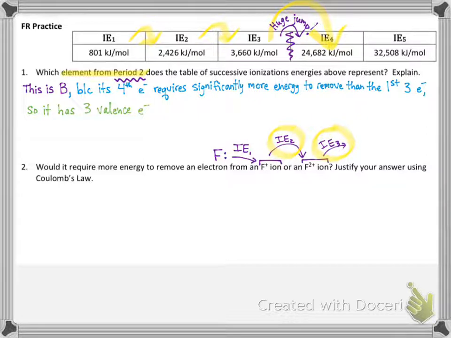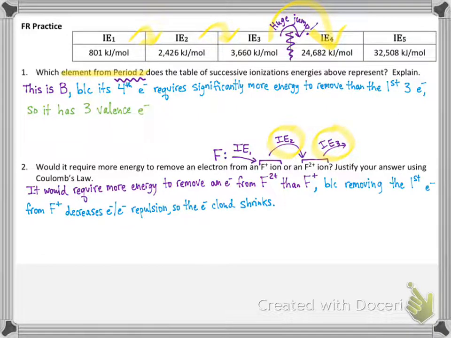First step, always answer the question asked, then explain. So it would require more energy to remove an electron from F2 plus than F plus. And now we explain. Well, removing that first electron from F plus decreases electron-electron repulsion.